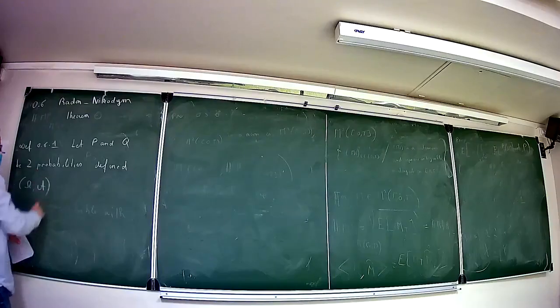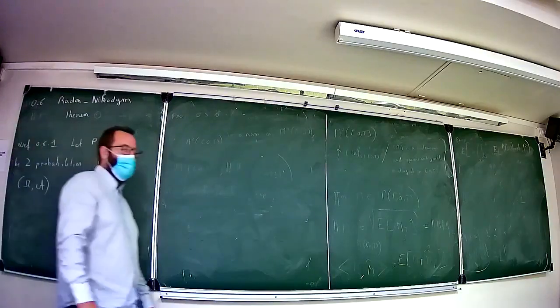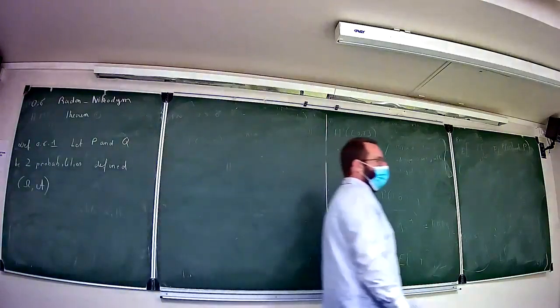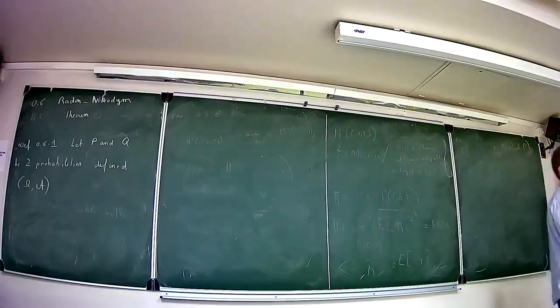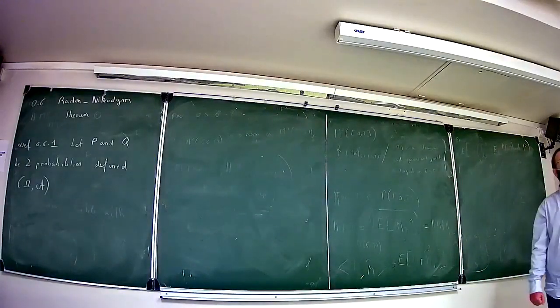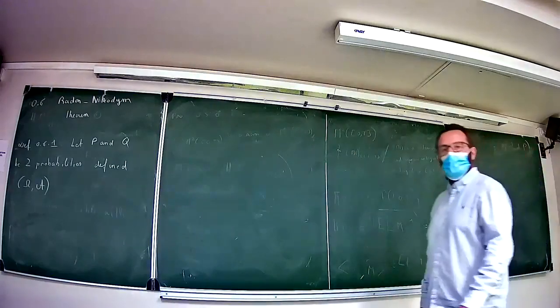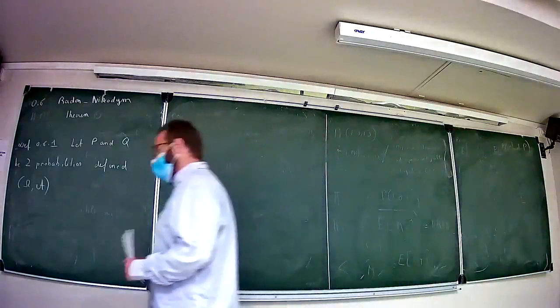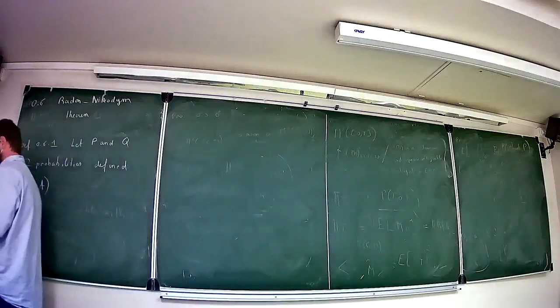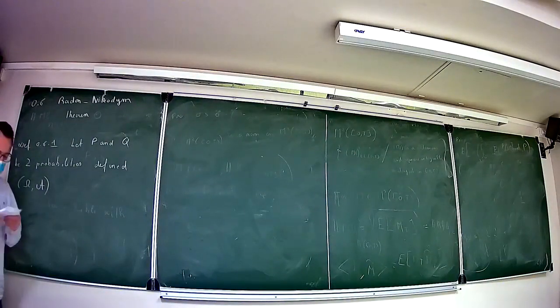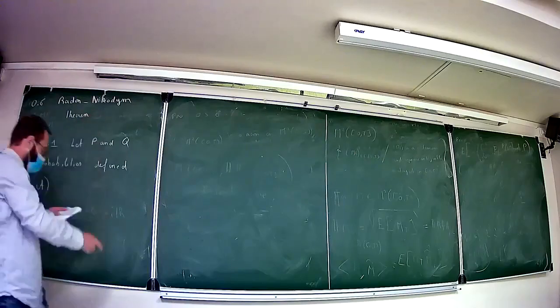It means that P and Q are from A into [0,1], where A is a sigma algebra having Omega as a universe. So P of Omega is equal to Q of Omega is equal to 1. And then P and Q fulfill the definition of the probability. Okay, so 3 definitions. Maybe I will write here.